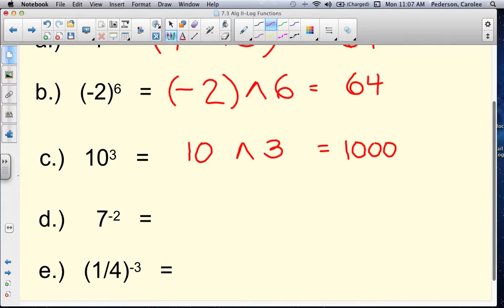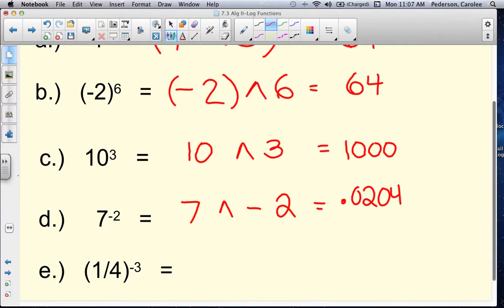Question D. Now we have a negative exponent. So we're going to say 7 raised to, and be careful, you have to put a negative in, and then 2. So 7 raised to the -2 power is a very small number. The reason why, I'll write down the answer first, and then I'll show you why.